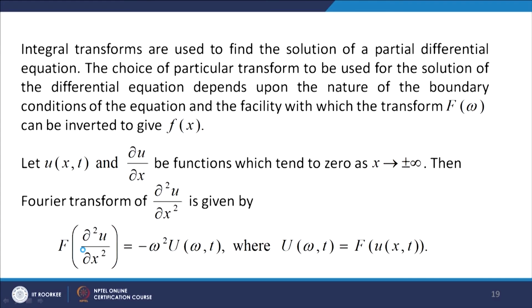Let us assume that in the problems that we consider, the function u(x,t), which depends on the space variable x and time t, and its derivative with respect to x, that is the gradient, are functions which tend to 0 as x goes to plus or minus infinity. Then the Fourier transform of u_xx is given by this. So let us see how we get this Fourier transform.